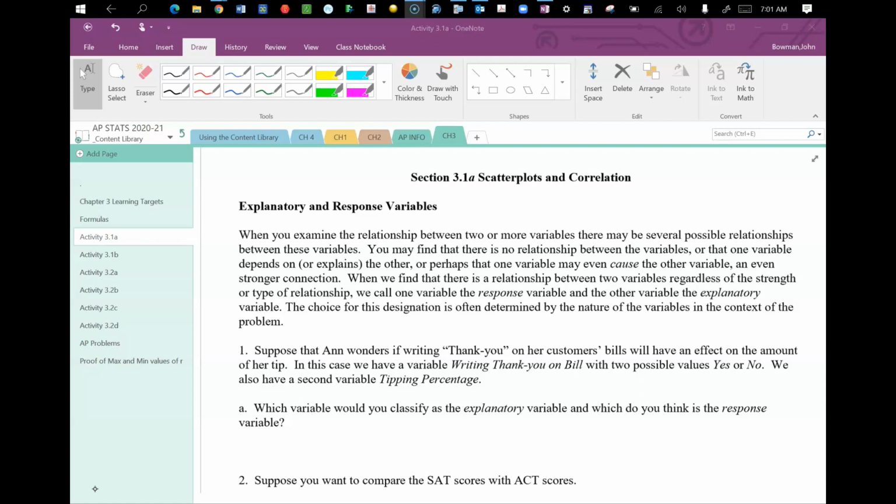In this situation where we're looking at relationships between two quantitative variables, even though we call one an explanatory variable and one a response variable, we are not interested in causal relationships between the two. The explanatory variable takes the values on the x-axis, the response variable takes the values on the y-axis.